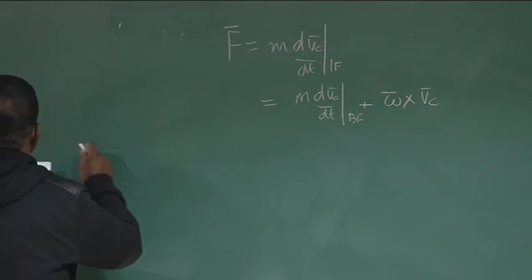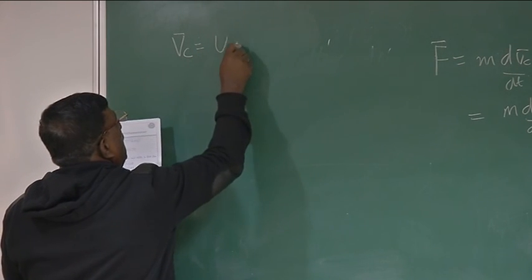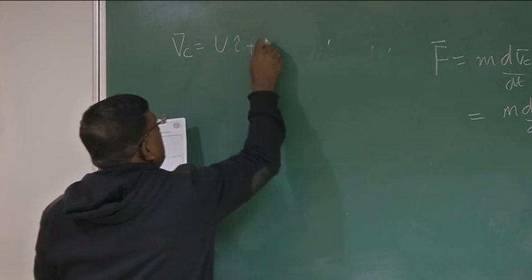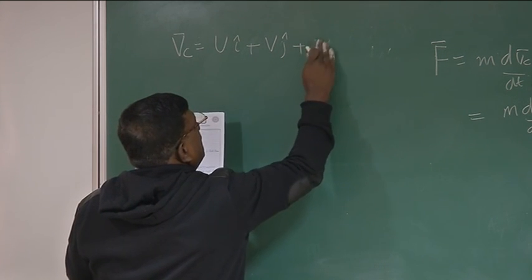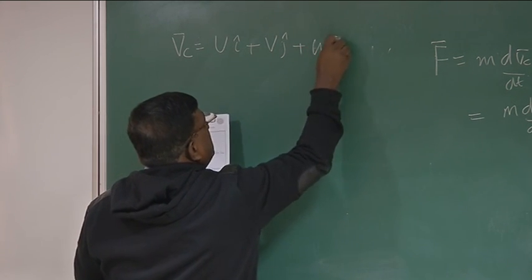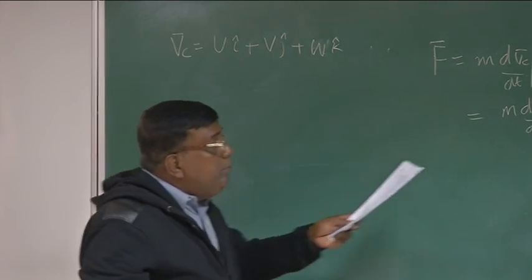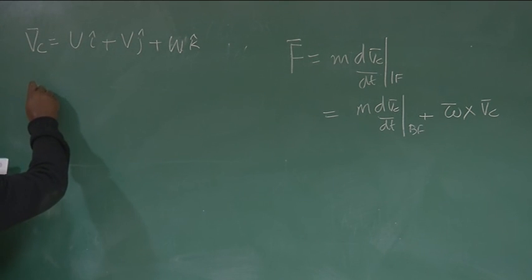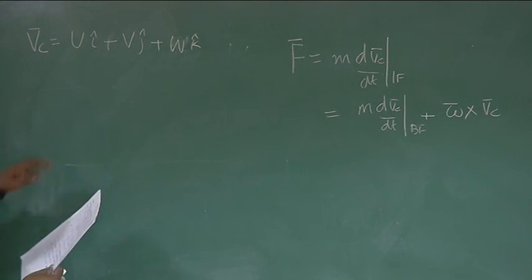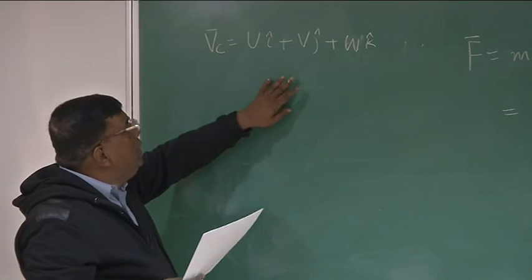Inertial frame, we are now expert in this. What is Vc? Let's understand. It is u i plus v j plus w k, in the body frame. We are working in the body frame, please understand this. Before I come to omega, what is the meaning of u, v, w?